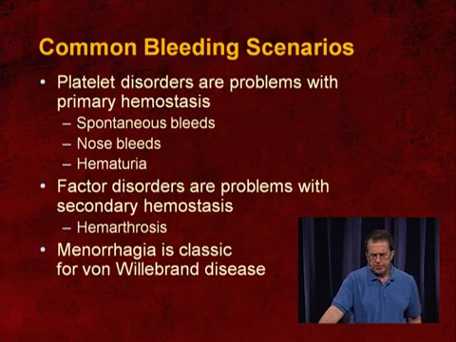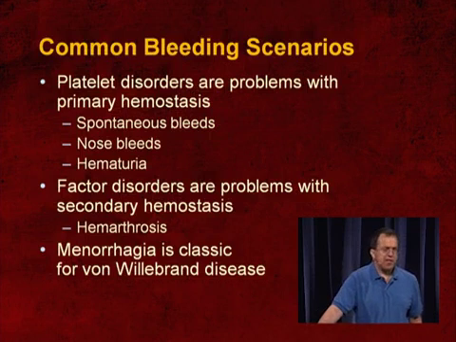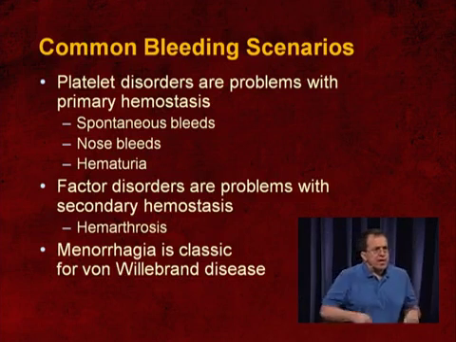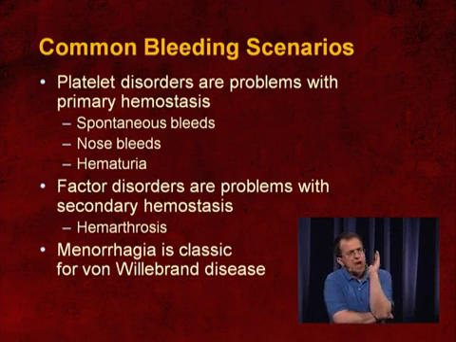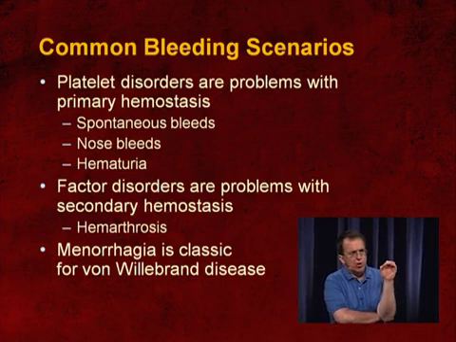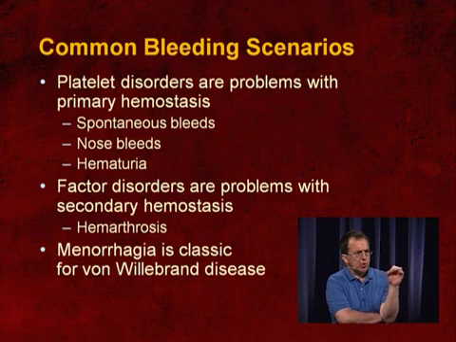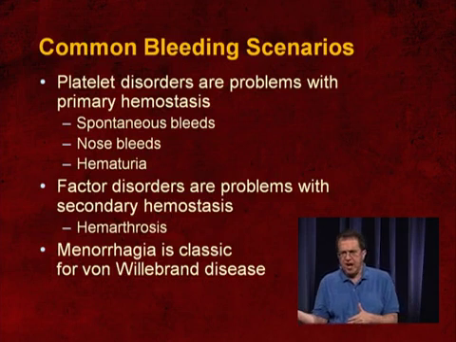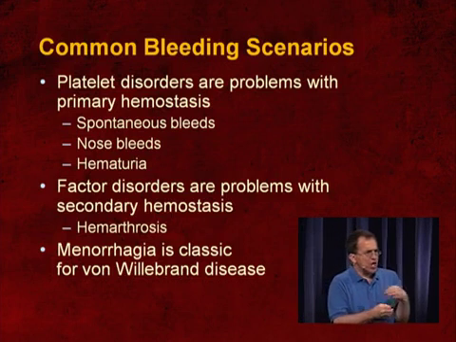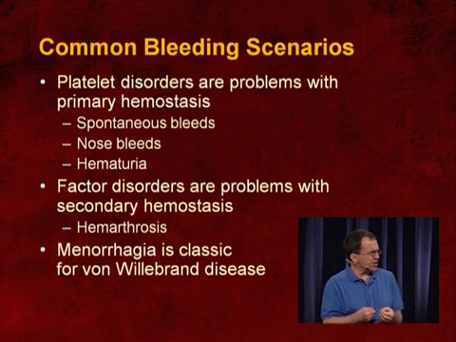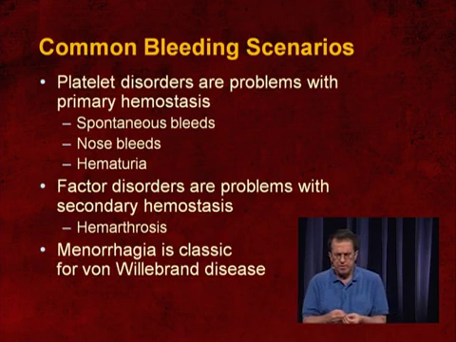Common bleeding scenarios. Platelet. I think the thing with bleeding is it's not always true. It's not 100% true. But what you want to do is associate, both clinically and on tests, the type of bleeding issue you're seeing with where you think that disorder is most likely going to be.